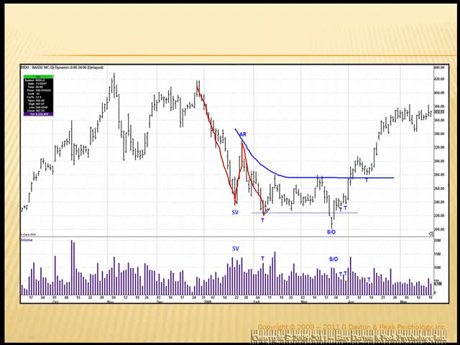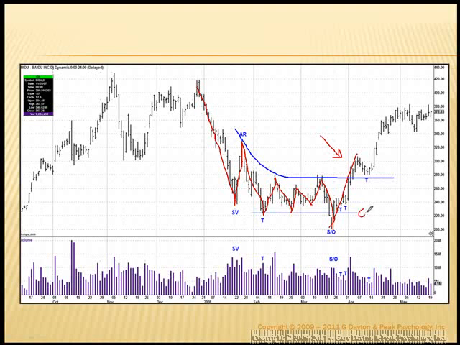Sellers still in control. An up wave. Now look at how the selling waves start to diminish. We push underneath and then we rally back up, and now for the first time we see a bigger up wave than we've seen in quite some time.